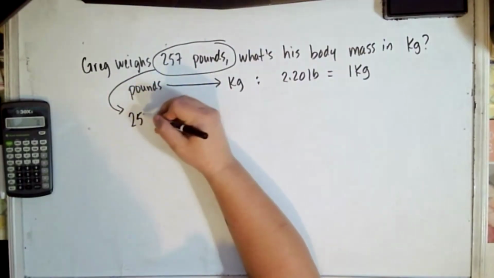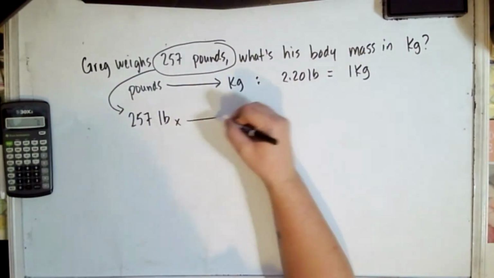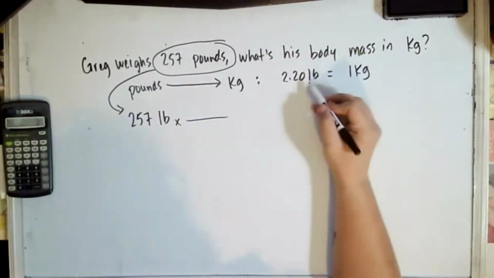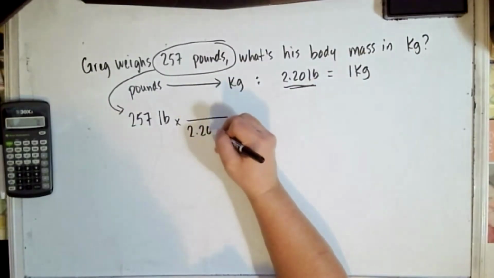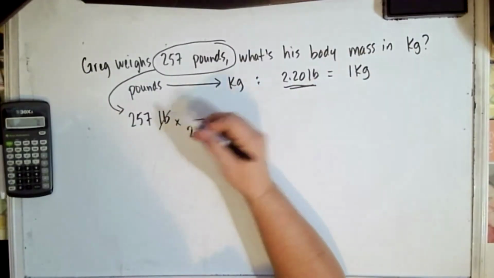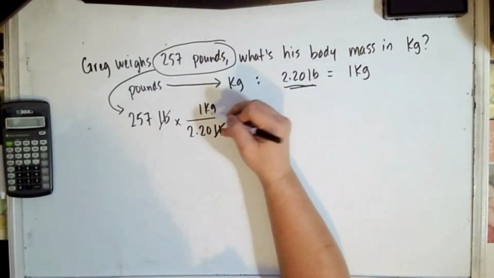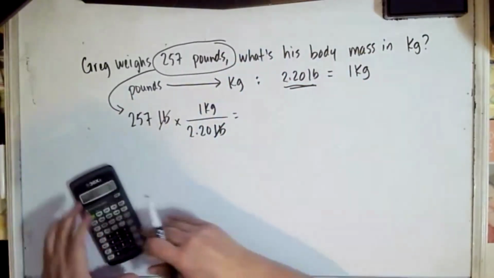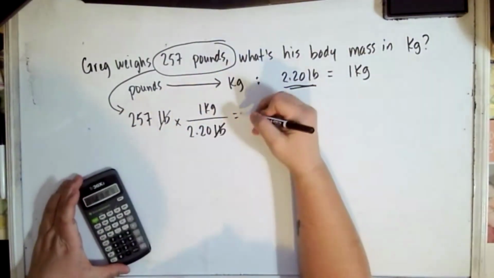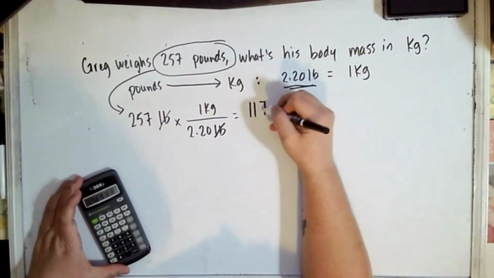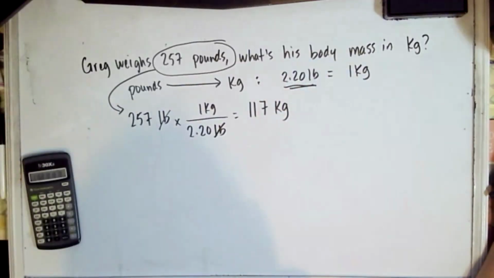So 257 pounds. And when we set up our conversion factor, we're going to put our pounds value on the bottom so that our units cancel. And we'll put our 1 kilogram up top. And that's going to be 117 kilograms.